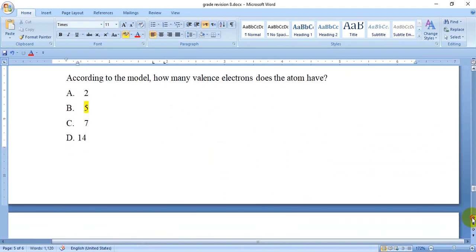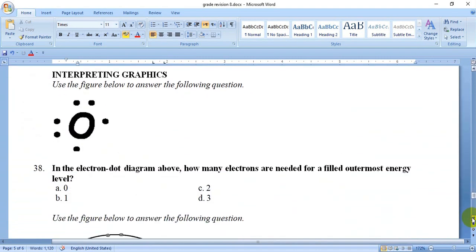Next question. 38. This is called a dot diagram. In the electron dot diagram above, how many electrons are needed for a filled outermost energy level? We write the symbol of the element. This is oxygen, and we write it O. And we write the dots, or the electrons, only in the outer energy level.